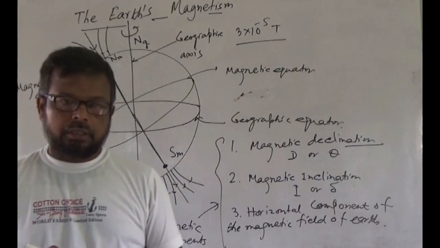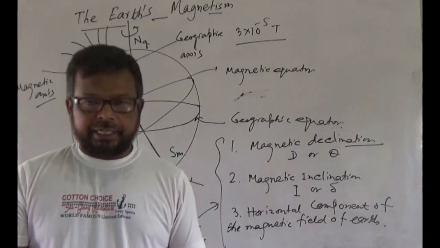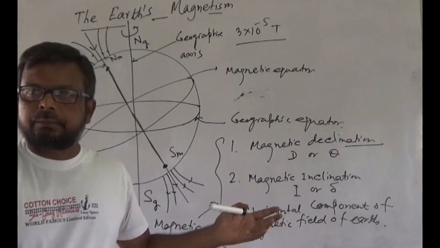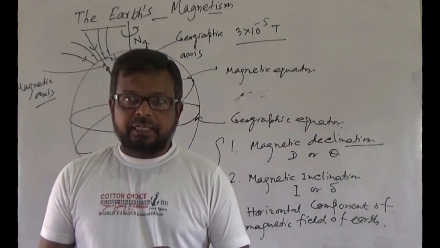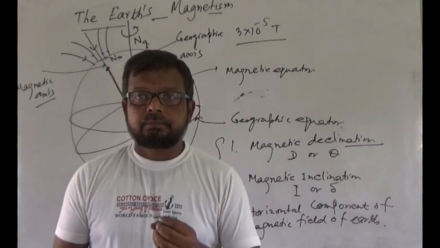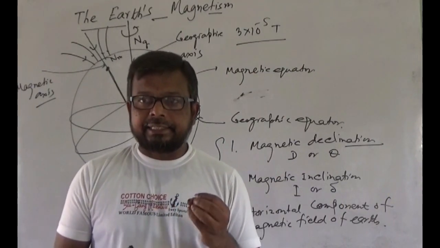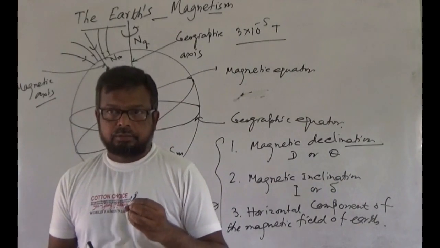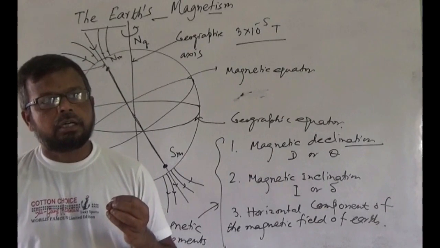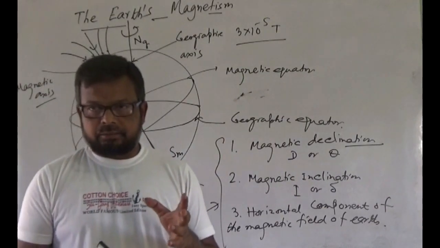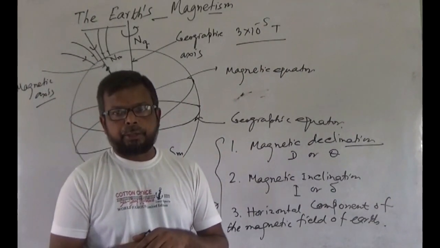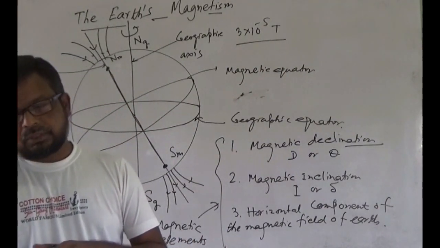The angle between the geographic meridian and magnetic meridian at a point is known as the declination, and it is denoted by D or theta. The declination is greater at higher latitudes and smaller near the equator. The declination in India is small. Its value at Delhi is 0 degree 41 minute east, and at Mumbai it is 0 degree 58 minute west.